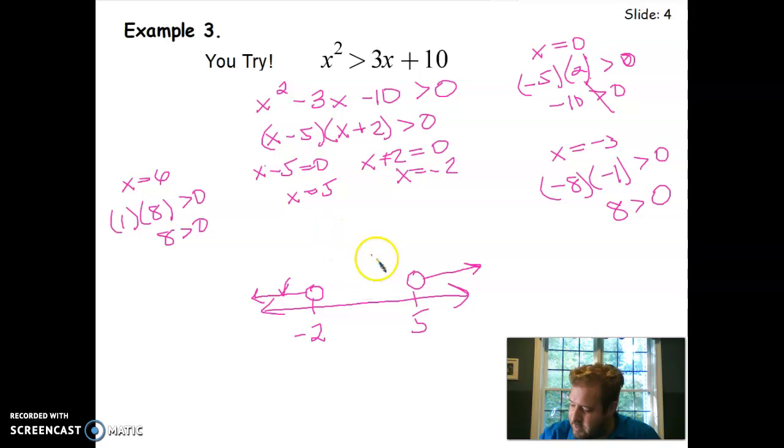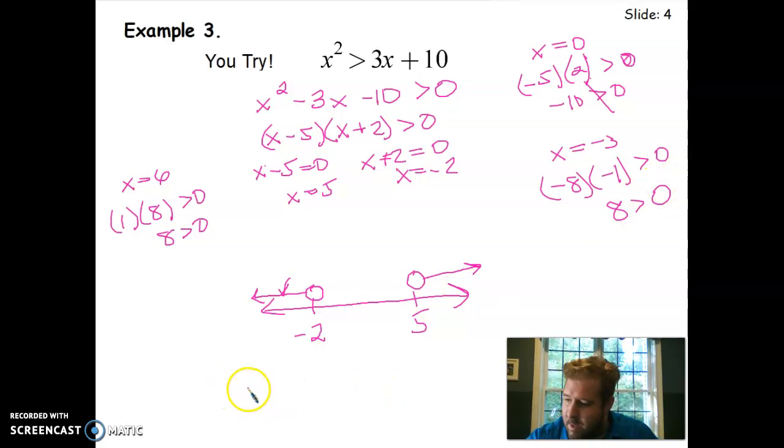There are a couple different ways that we could write that answer. I'm going to say that x can be anything less than negative 2, or, this is a union, it could also be anything that is greater than... actually, let me write interval notation.